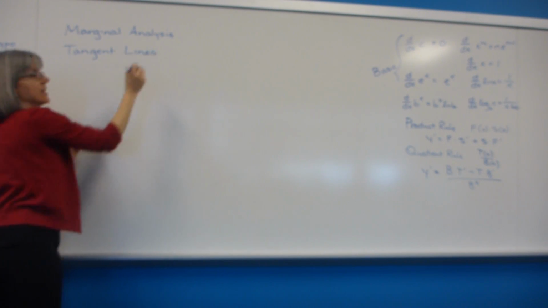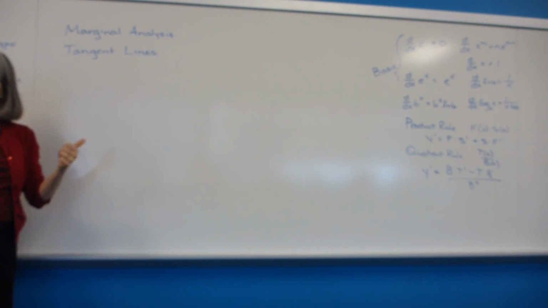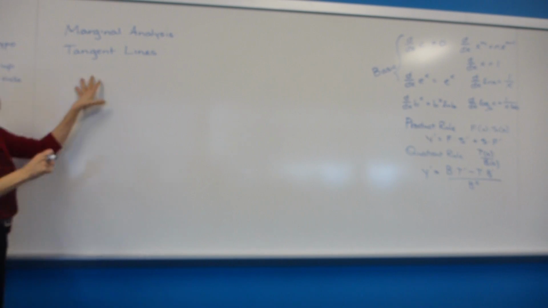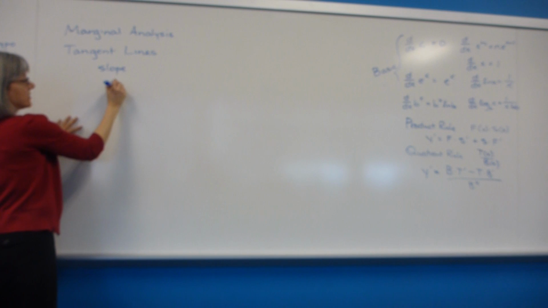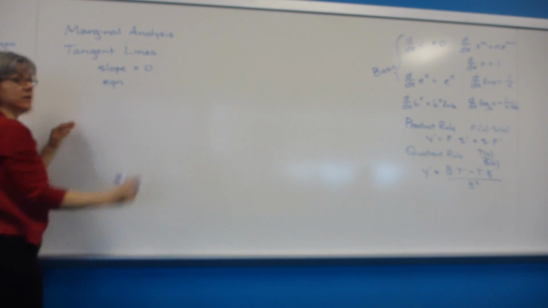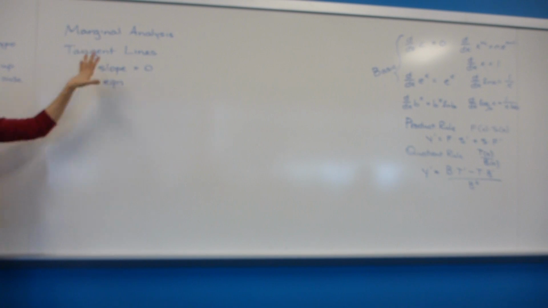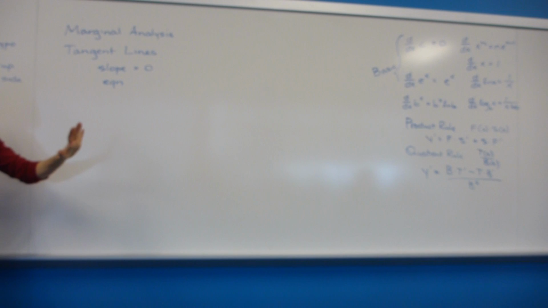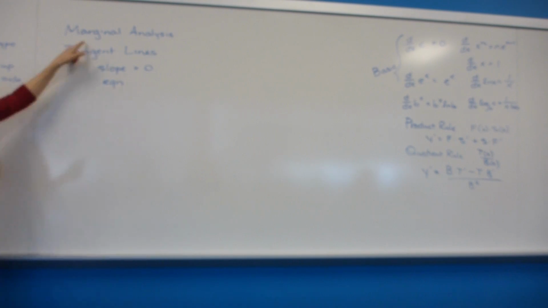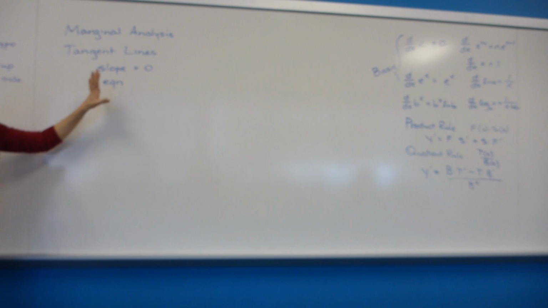When we want to ruin the economy. Yes, those kind of derivatives are slightly different than these kind of derivatives. All right, so tangent lines, finding the slope, finding the equation, finding where the slope is equal to 0. These are the ones you've already done, and these are the same ones we're doing. So we're not adding anything new. Depreciation is actually a form of marginal analysis. So we're not adding anything new in terms of applications.